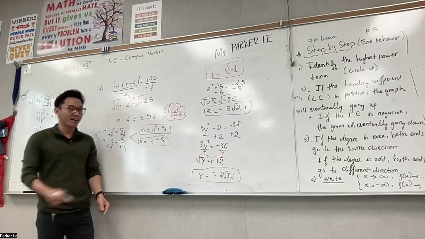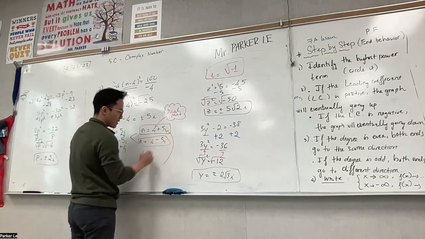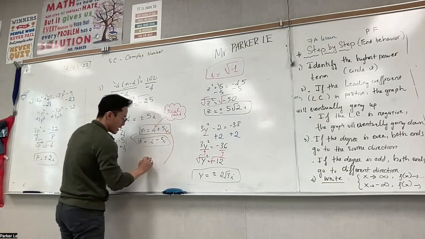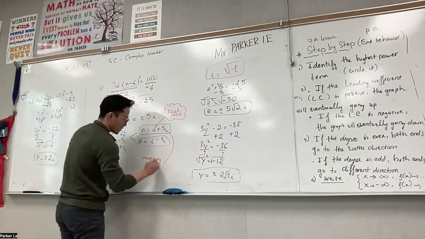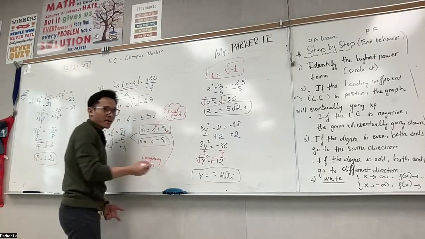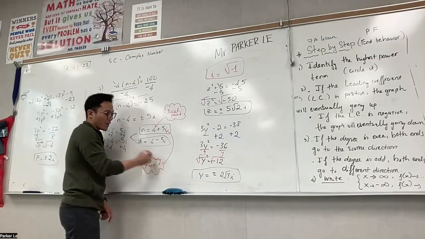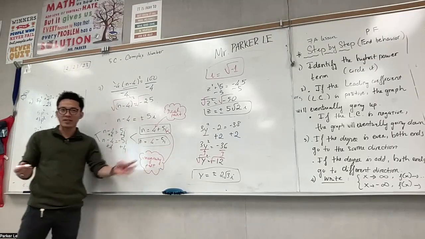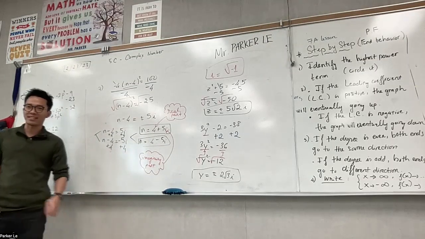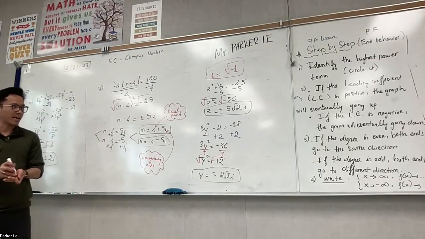Imaginary. Imaginary part, not fake. I know what you mean, but we don't write fake part. You don't use that in academic writing. So you have the real part and you have the imaginary part.